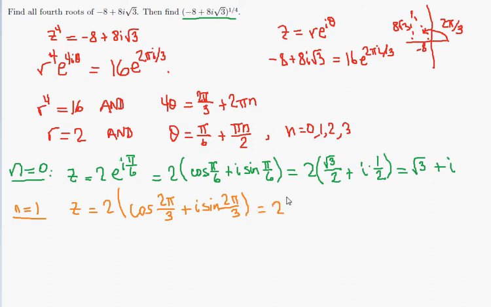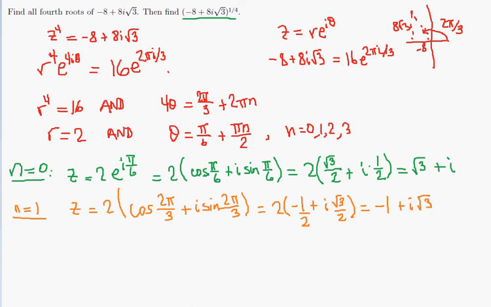And that's equal to 2 times negative 1/2 plus i times the square root of 3 over 2, which works out to be negative 1 plus i square root of 3.